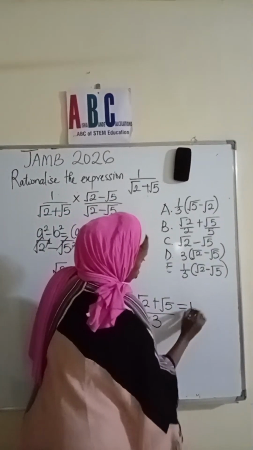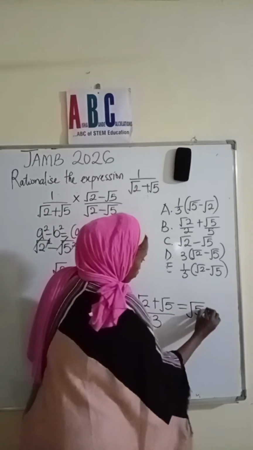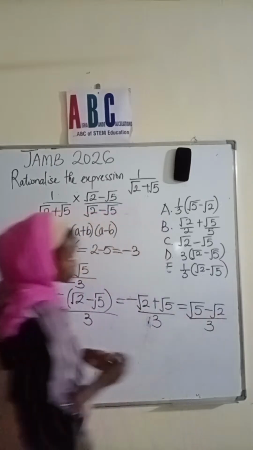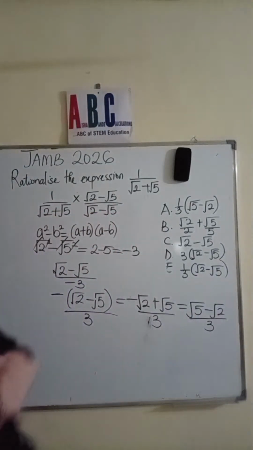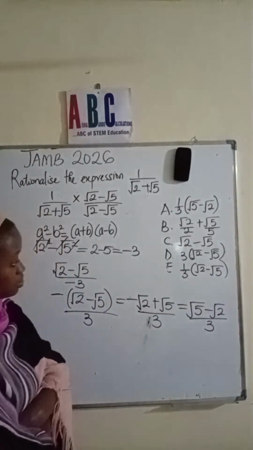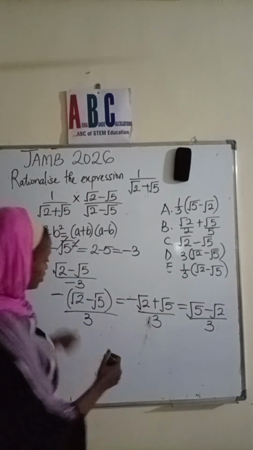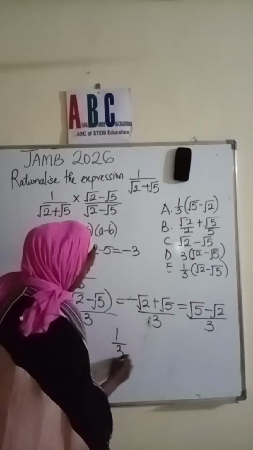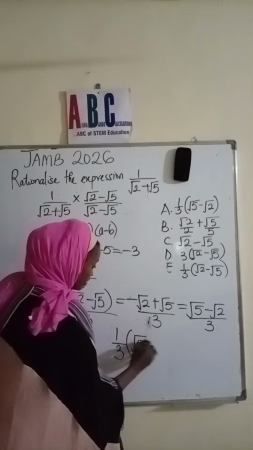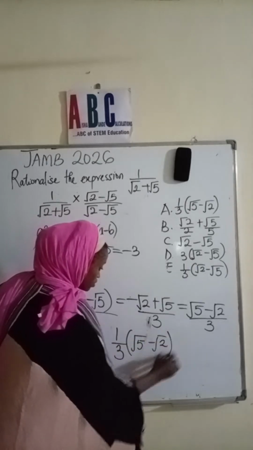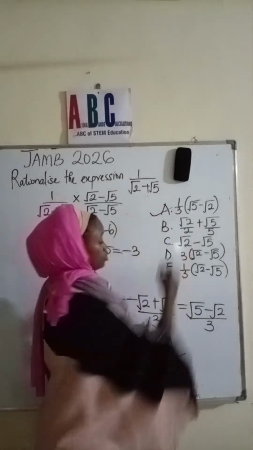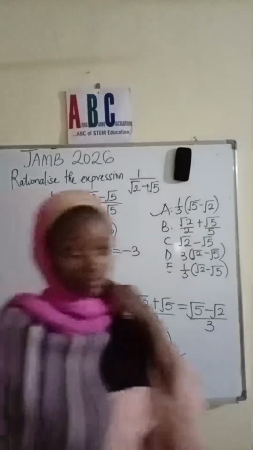So root 5 comes first, so it becomes root 5 minus root 2 over 3. And this, 1 over 3. So this now becomes 1 over 3, open bracket, root 5 minus root 2, right? Okay. So option A is the correct answer.